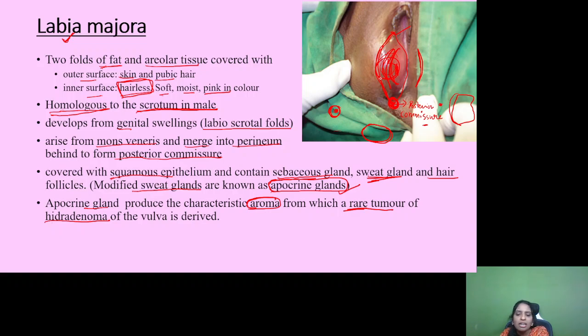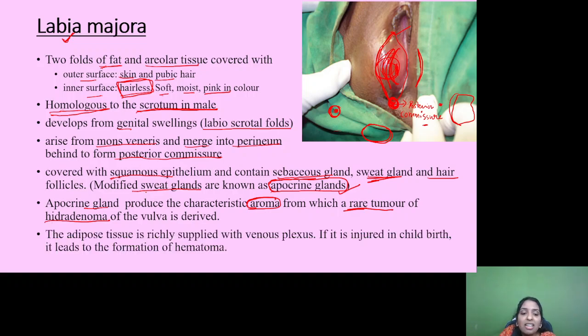Next, see the adipose tissue. The labia majora consists of adipose tissue, right? It has a rich venous supply. So the adipose tissue is supplied with rich blood supply, and at the time of childbirth generally an episiotomy will be given here, right?